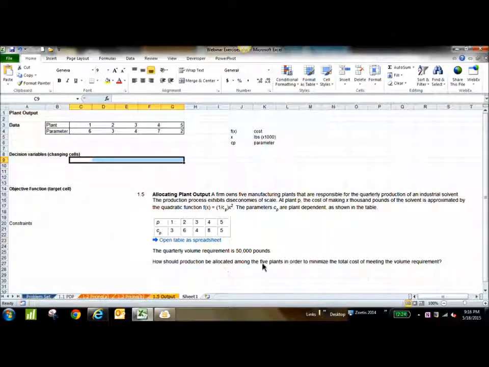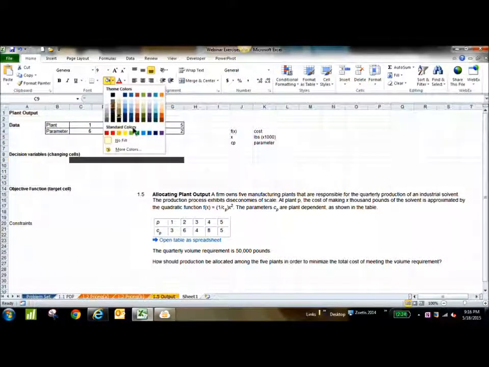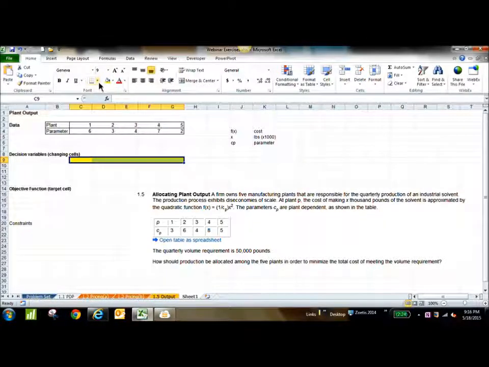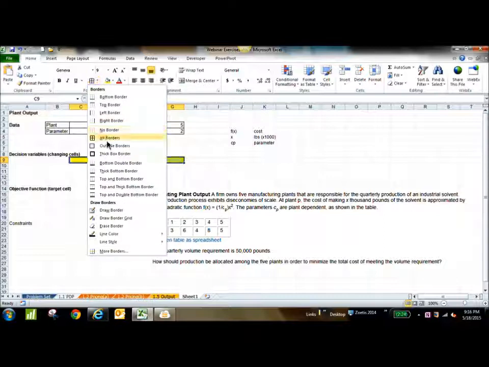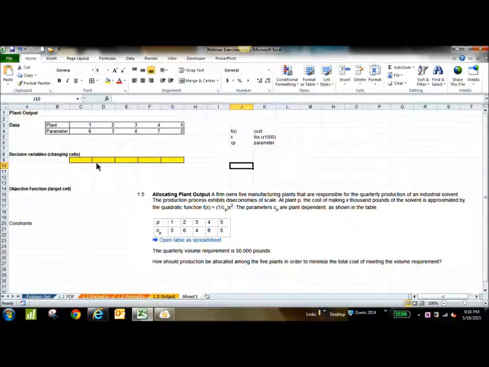What I do as part of the best practices, which I want you to follow going forward, is try to highlight the decision variables in a certain color. This tells me that these cells are dedicated to the decision variables. Am I supposed to come up with those decision variables?